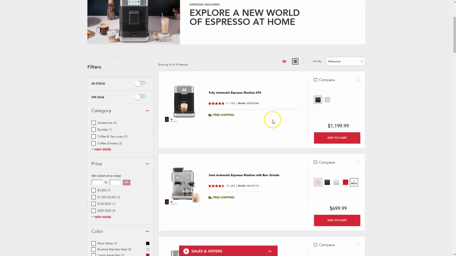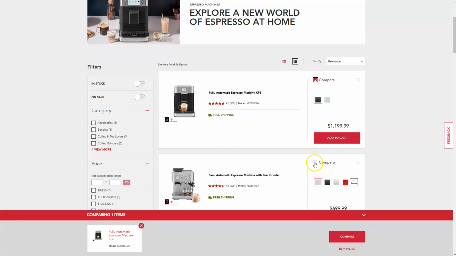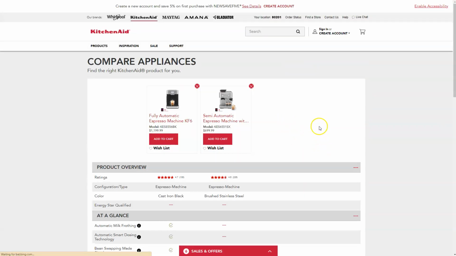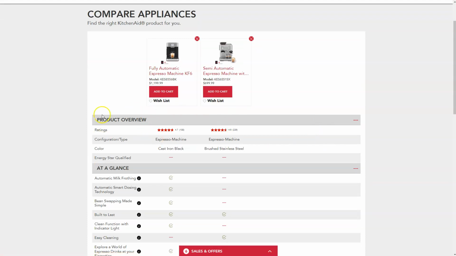Now I'm on the actual models, and this is where we really get into that key info. So if we were to compare these two models, it should show us the technical description for each. We have our product overview, and we don't tend to do definitions as much on product descriptions, just because if somebody's looking to buy it, they probably already know and understand what it is.